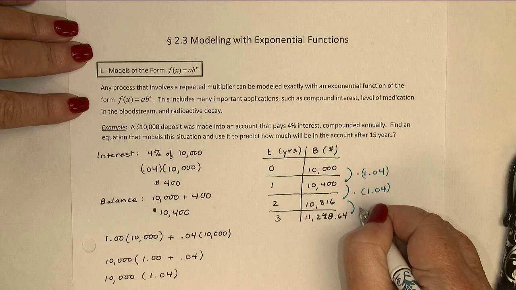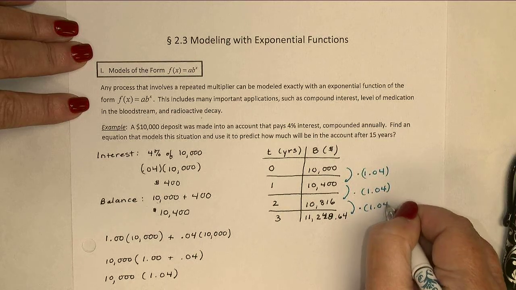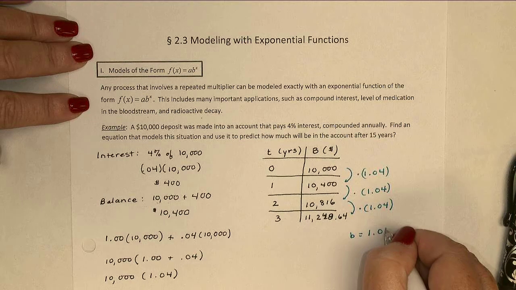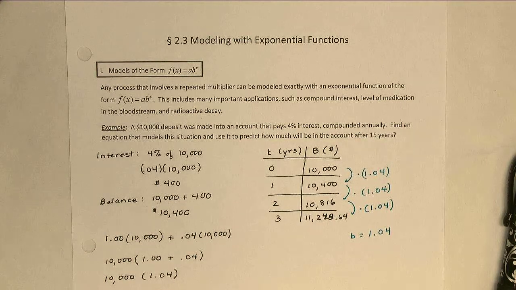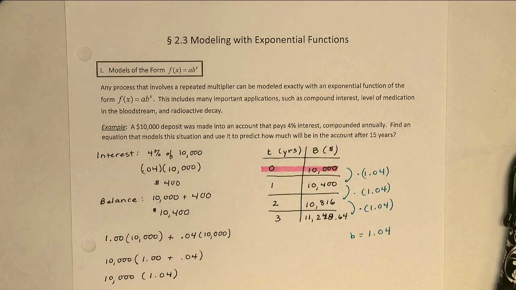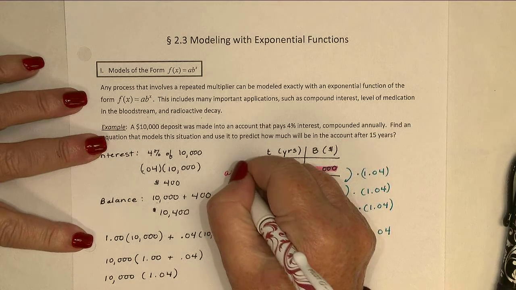So that's going to give me the base of my exponential model. And we also have the y-intercept. When t is 0, b is 10,000. So there's the a value for the exponential model.